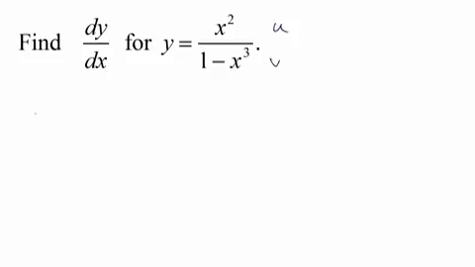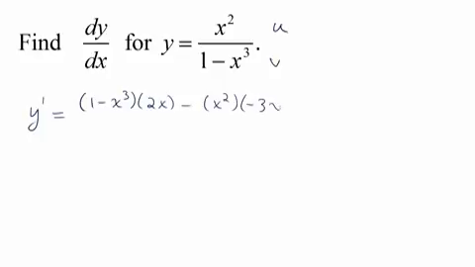Let's find y prime. y prime is equal to v, 1 minus x cubed, times the derivative of u, 2x, minus u, x squared, times the derivative of v, which is negative 3x squared, all over the denominator squared, which is 1 minus x cubed, that quantity squared. Let's clean up the numerator.